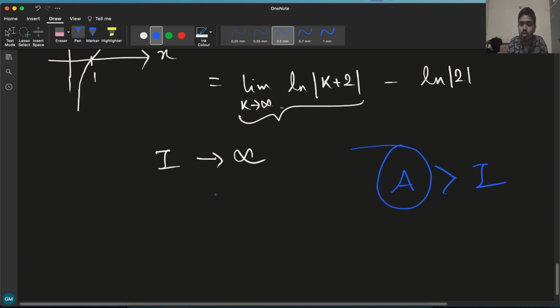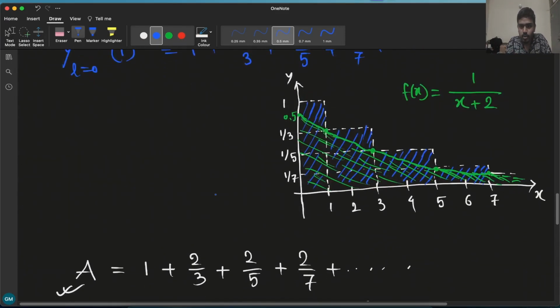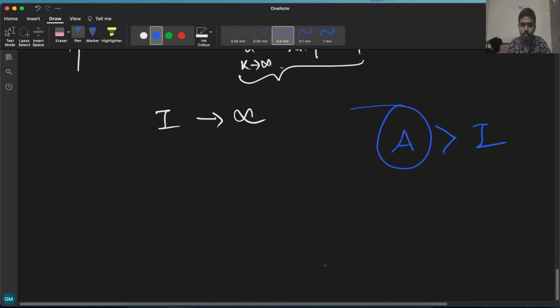That means A should also diverge, A should also go towards infinity. And as A goes to infinity, the odd series at x equals 1 should also go to infinity. This is called the integral test.